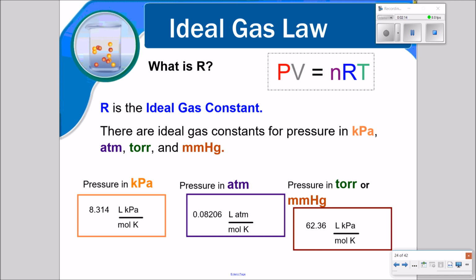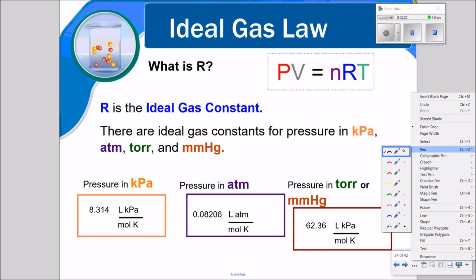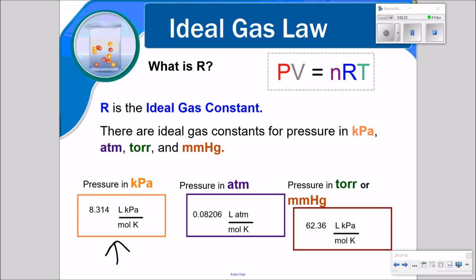So if you're using kilopascals, your value for R is going to be 8.314 liters times kilopascals over moles times Kelvin. The reason you have a specific R value for this is that the kilopascals here would cancel with any kilopascals you had as pressure in your PivNert equation.